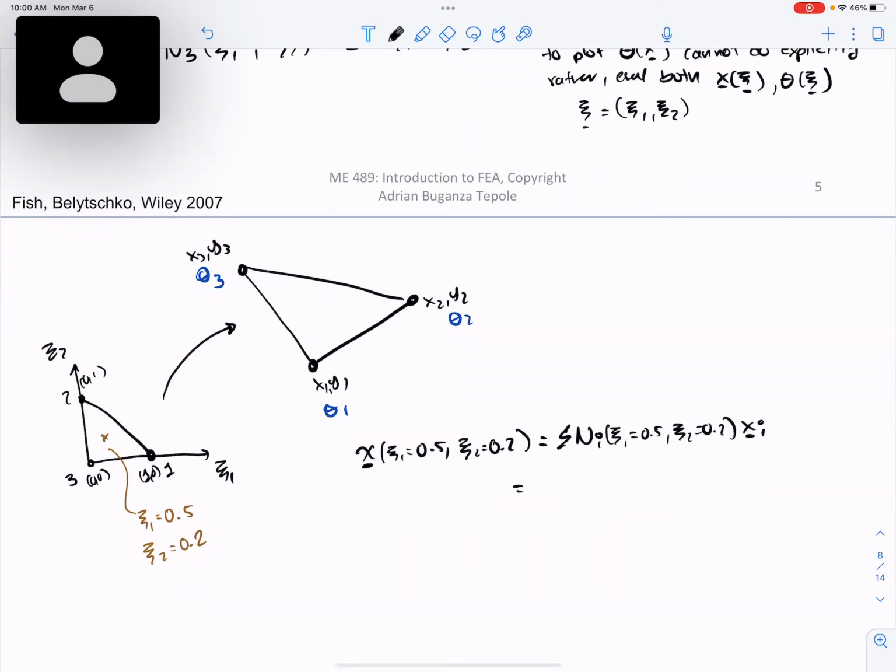In this case, the value of the first shape function is just psi1, so 0.5, times the value of the first coordinate, x1, plus the value of the second shape function, which is just psi2, so this is just 0.2, evaluated at x2, plus 1 minus 0.5 minus 0.2 at x3.